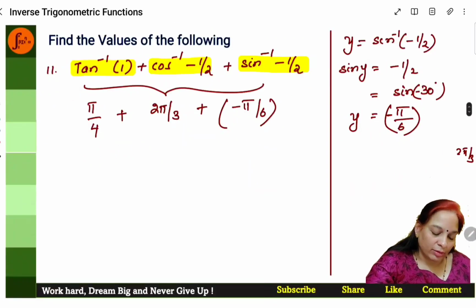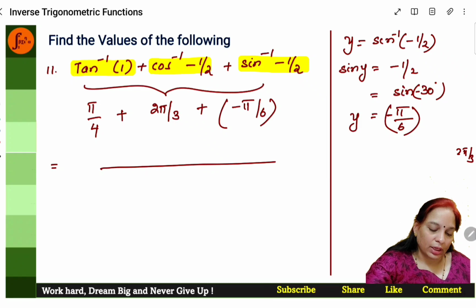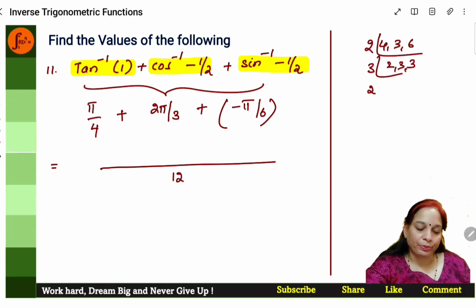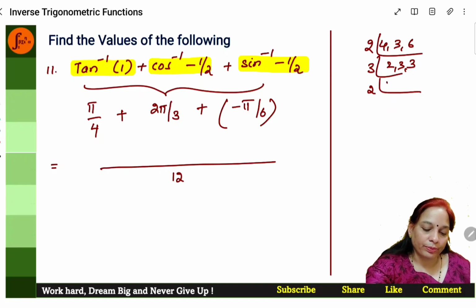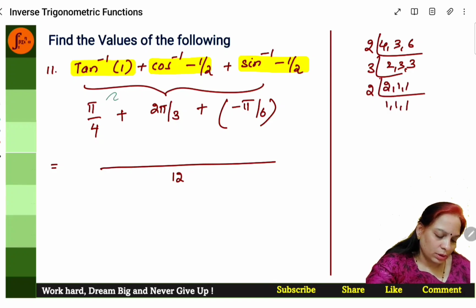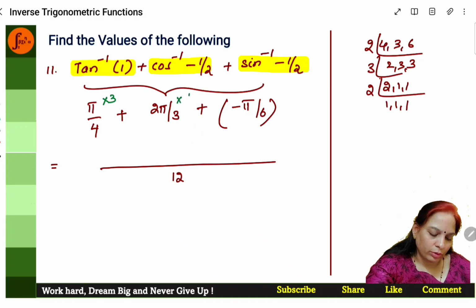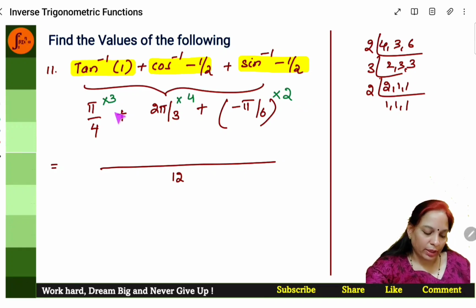Now we'll find the LCM of all these numbers, 4, 3 and 6. LCM of 4, 3 and 6 is 12. This will go 3 times, this will go 4 times, and this will go 2 times. So 4 3s is 12, 3 4s is 12, 6 2s is 12.